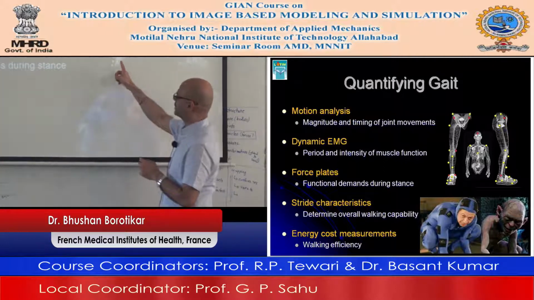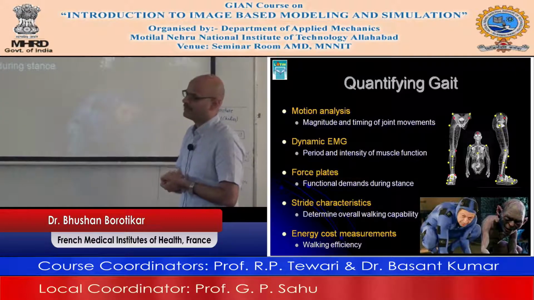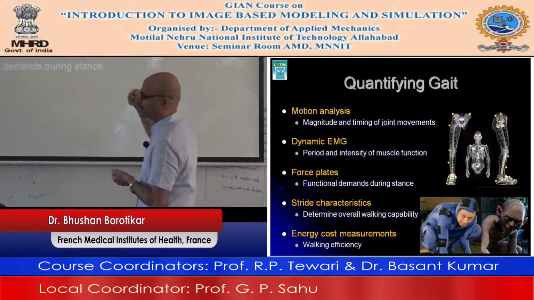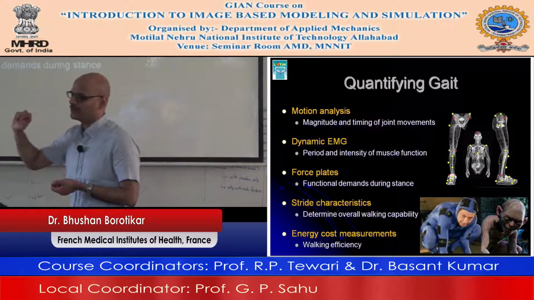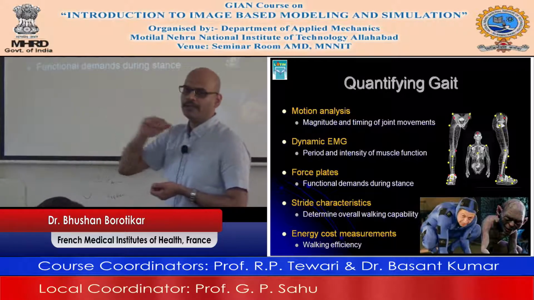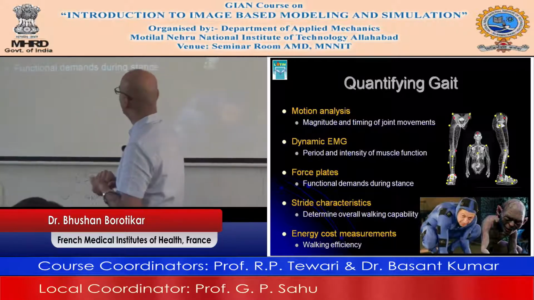We put markers on strategic points on the body. We get some infrared cameras. Then we record the motion, or trajectory, of these markers in space while the person is walking in a laboratory environment.